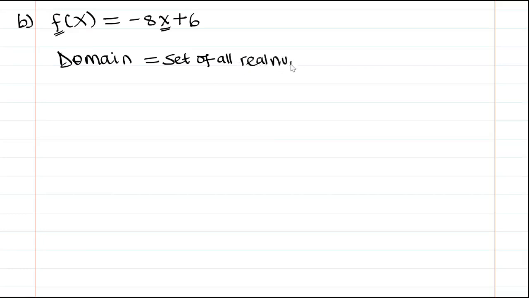That means the domain will run from negative infinity up to positive infinity, because for any value of x that we substitute here, however big it is, it gives us a corresponding real value of the function.